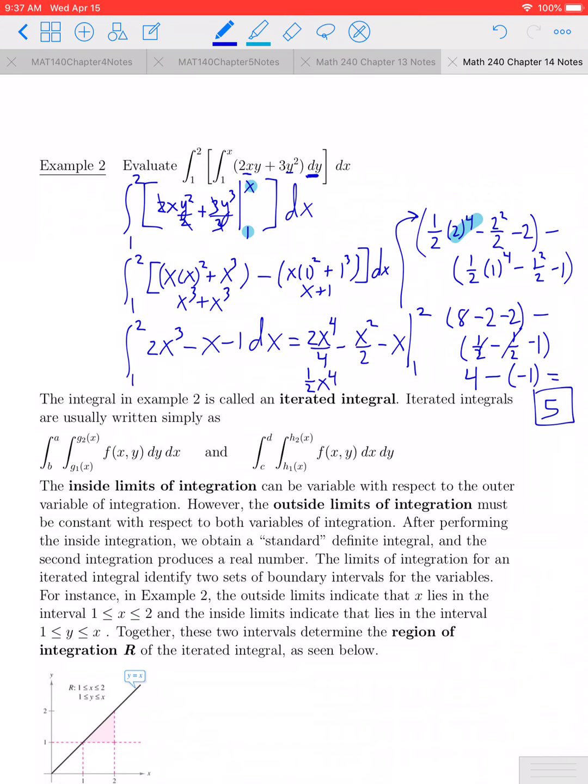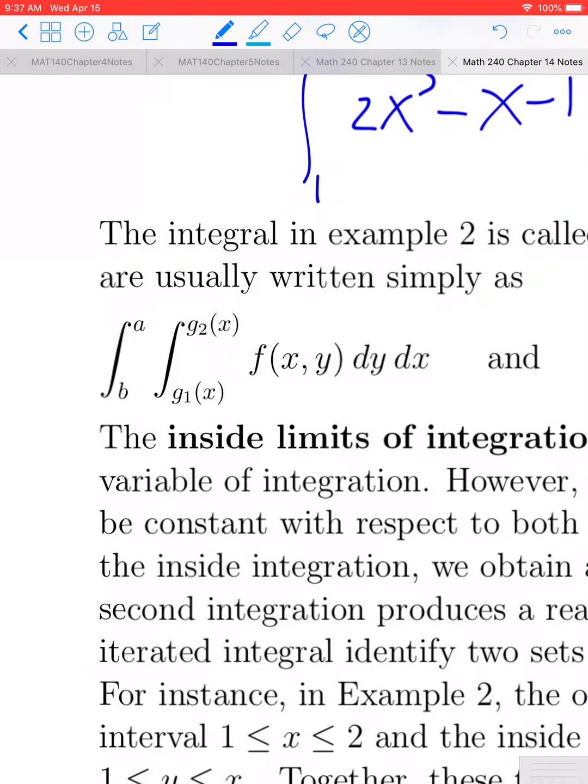The term we give to something like we saw in example 2 is an iterated integral. Iterated integrals are usually written in one of two forms, depending upon the order of integration. Remember, if you're integrating first with respect to y, then you can't have anything that involves y in those limits of integration, which would be the inside integration sign.